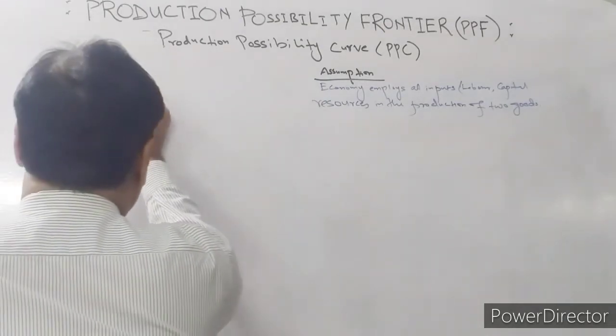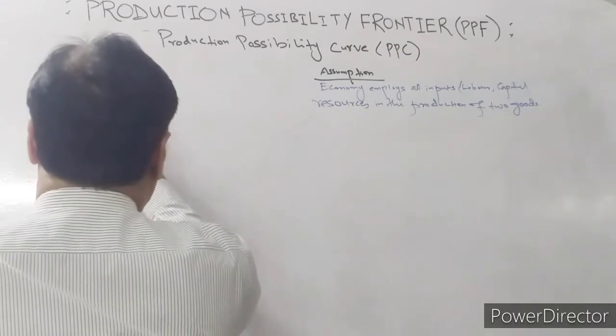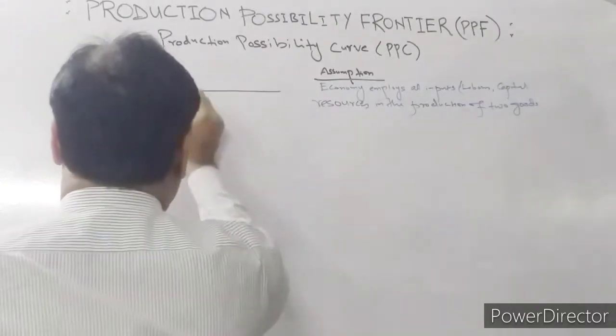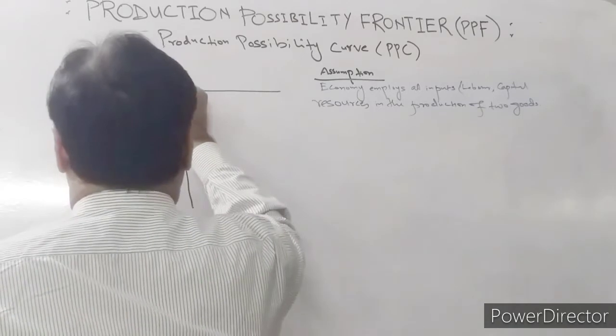So we are making a schedule of different options available to an economy to produce the capital and consumer goods.